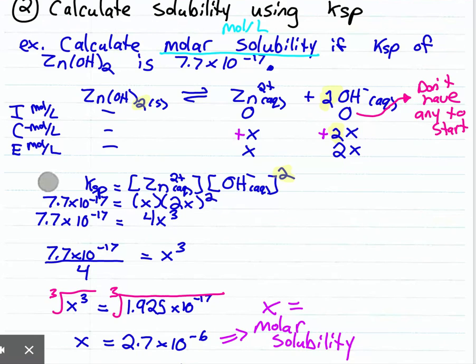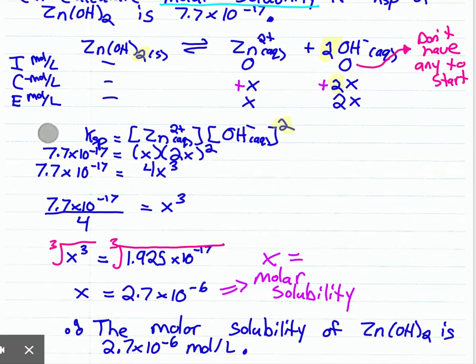So molar solubility, our X value, 2.7 times 10 to negative 6. That's what we're looking for. So X in a KSP is our molar solubility. So we're going to finish off with a therefore statement. Molar solubility of zinc hydroxide is 2.7 times 10 to negative 6 moles per liter.